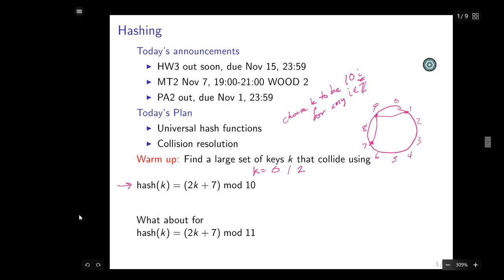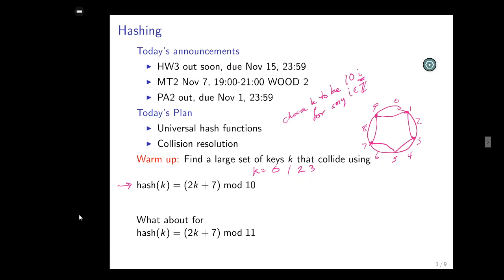2 times 2 is 4 plus 7 is 11, and 11 mod 10 is 1. So what am I doing here? Now when I go to 3, where am I going to go next? 3. Where am I going to go next? 5. And now that's it.